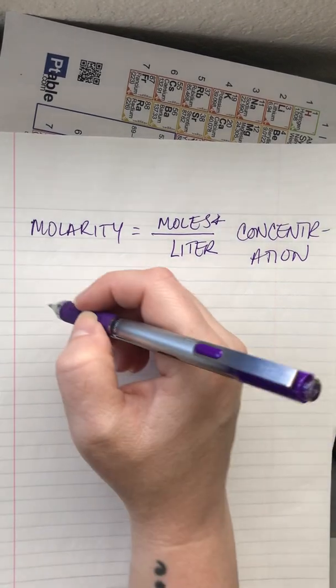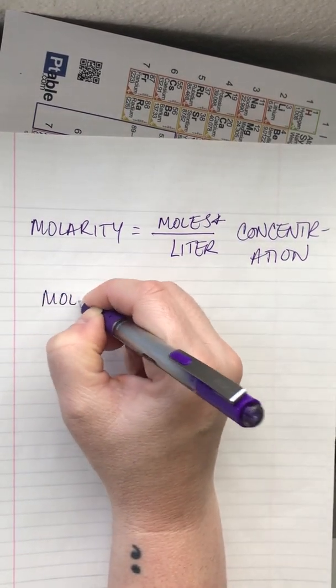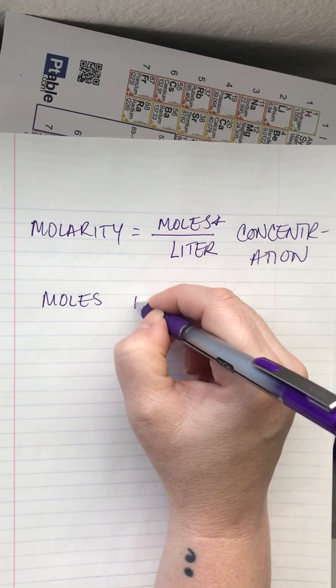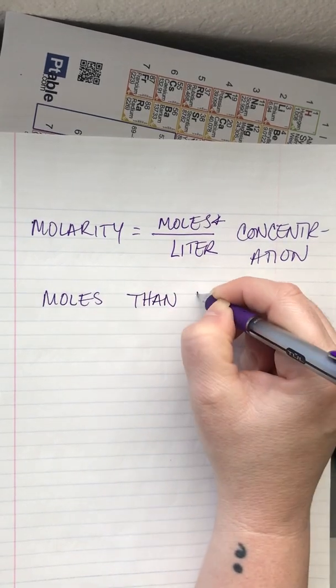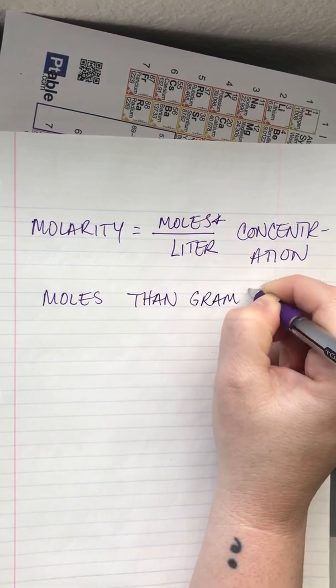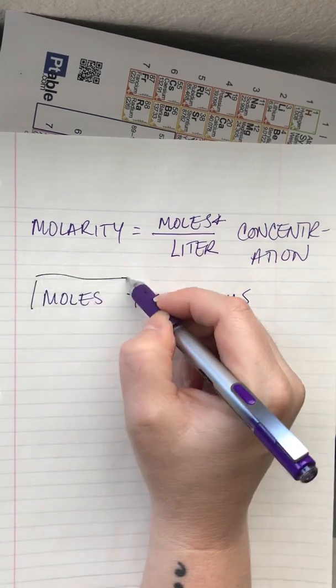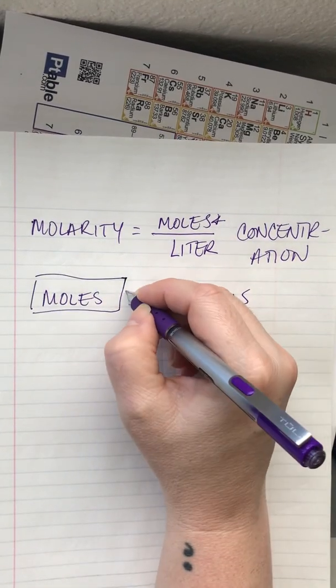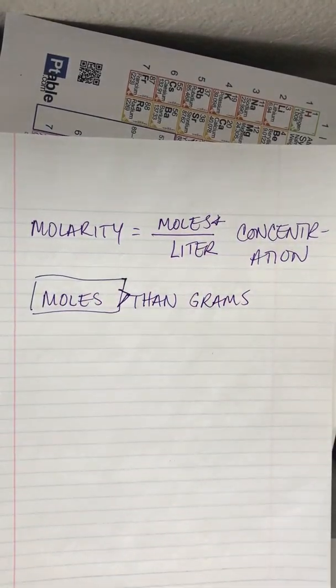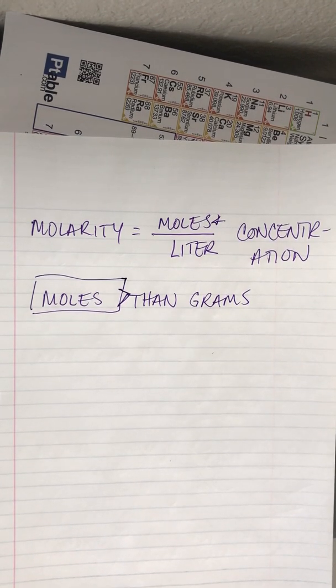It's actually much more common for us to work in moles than grams. But we can go back and forth, so it doesn't really matter. I mean, it doesn't not matter, but we can definitely convert between the two. Questions about this so far, guys?